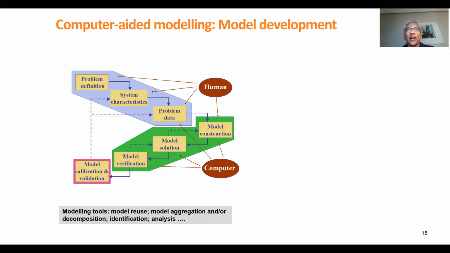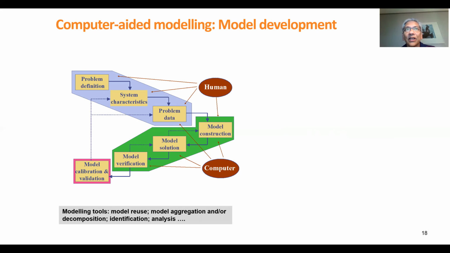What are the system characteristics that have to be captured, and what are the data available? Once these are given, the rest of them, model construction, model solution, model verification, all of these the computer can do. We do not need to write any programming code. As soon as the equations are written, everything else the computer can do. Even the computer can write the equations.